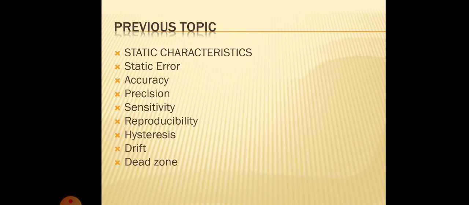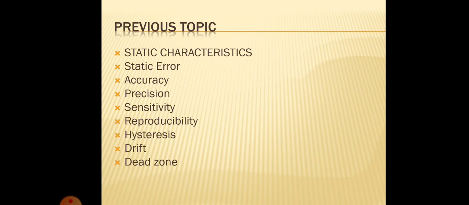Here we have listed the previous topics that we have covered in the previous video. We have seen the static characteristics. What are the different static characteristics? Static error, accuracy, precision, sensitivity, reproducibility, hysteresis, drift, and dead zone. All these are the different static characteristics.